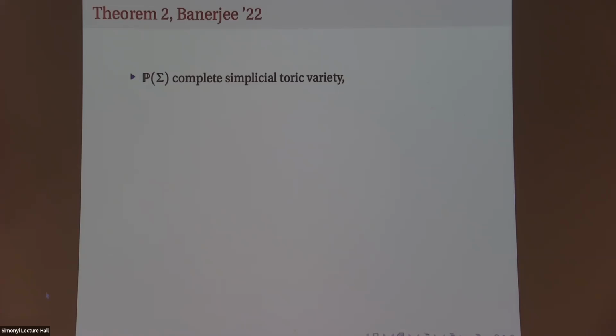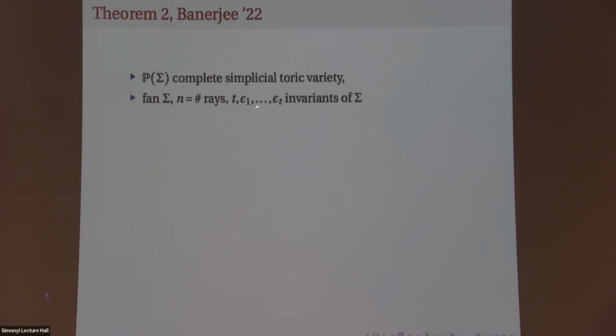So the goal would be to ideally have at least a homological stability result. So low degree cohomology compared to the dimension for the space of morphisms from a genus g Riemann surface C to this P sigma. So what is sigma? Sigma is the rational polyhedral fan. N denotes the number of rays of it.